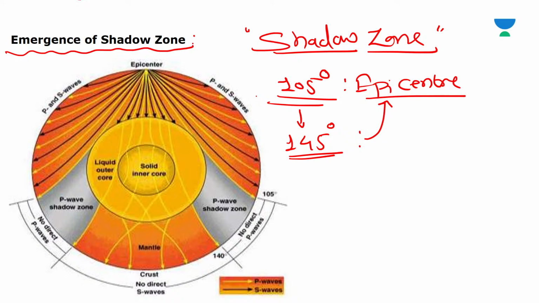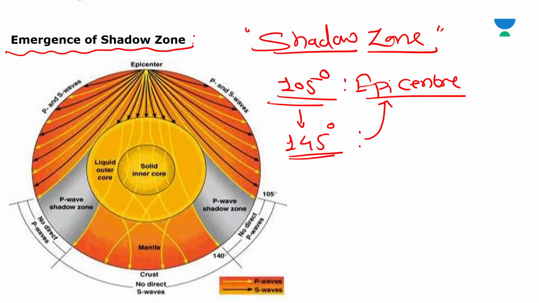Now see in the diagram also. So friends, the shadow zone of P waves appears as a band around the Earth between 105 degrees to 145 degrees away from the epicenter.